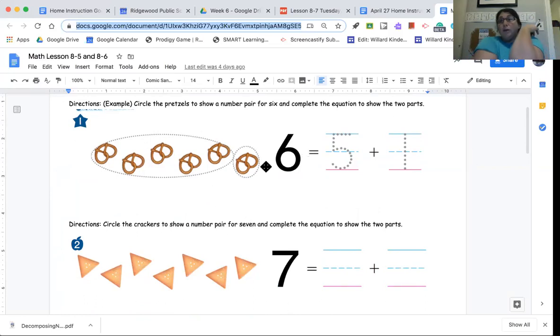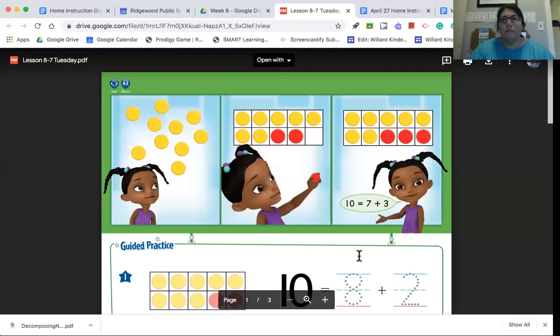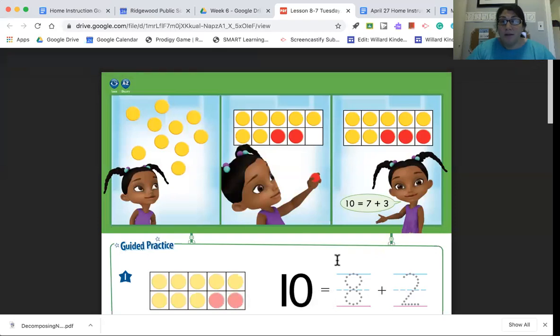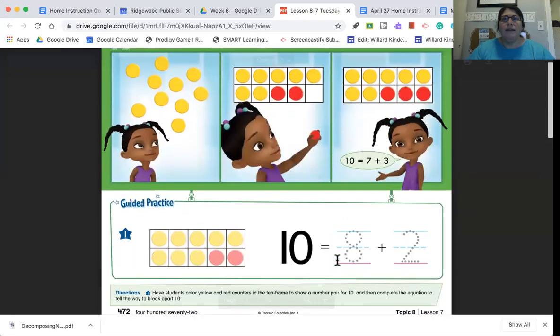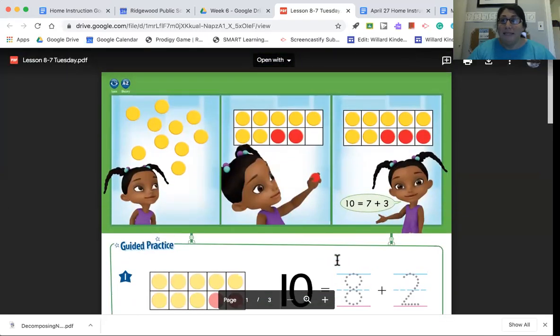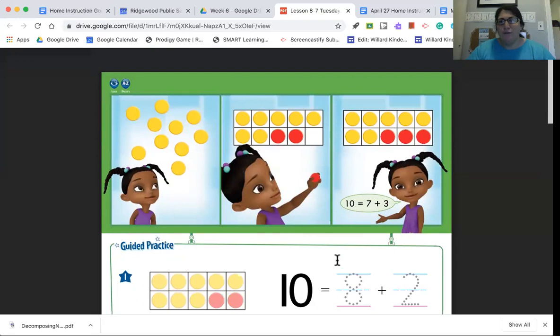The other thing I want to show you before we move on today is this. This is tomorrow's lesson. Tomorrow's lesson is very similar, but the thing that we're doing here that's a little bit different is that we're using a 10 frame.